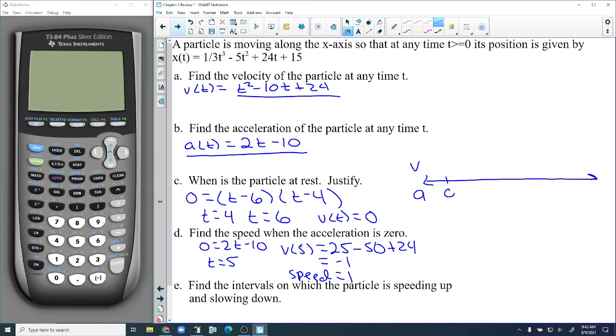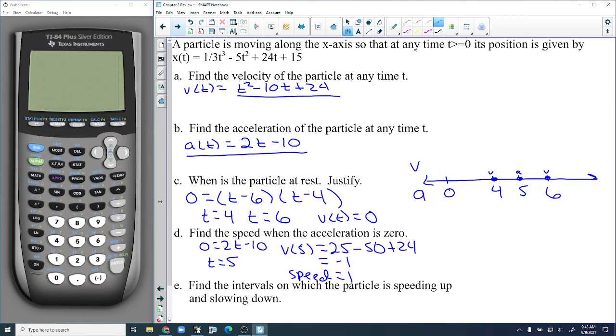So we're at 0, 4, and 6. 0 is where we're starting. The zero of the acceleration is 5. So we're right here at 5. So we have these three that are either zeros of the velocity or zeros of the acceleration. Velocity, acceleration, velocity. I'll make a little note there.